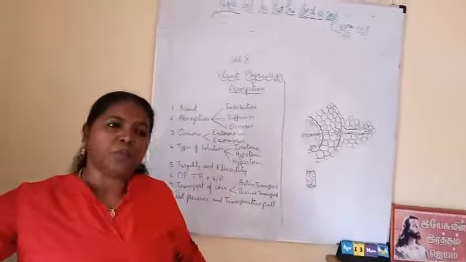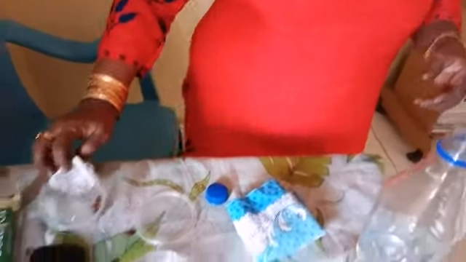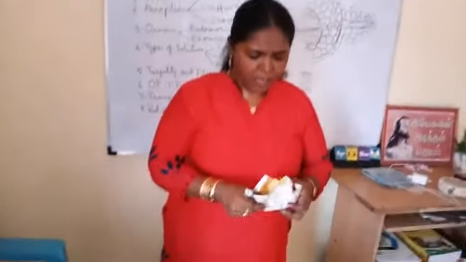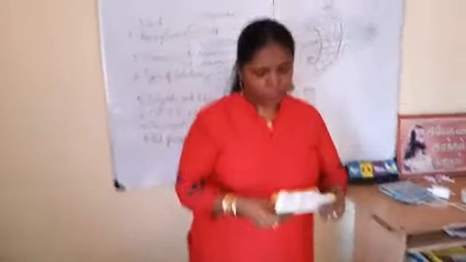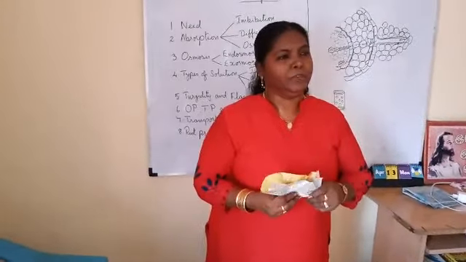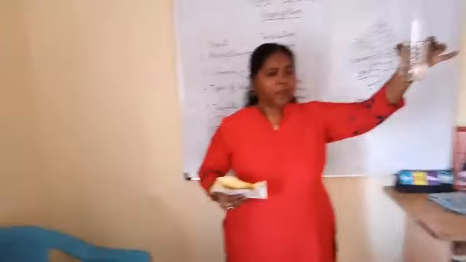Now diffusion, I can demonstrate in one particular simple experiment. In school, we will be doing another experiment with potassium permanganate. Now I don't have potassium permanganate, so I am going to do it with kesari powder. It is food color, and I have water.